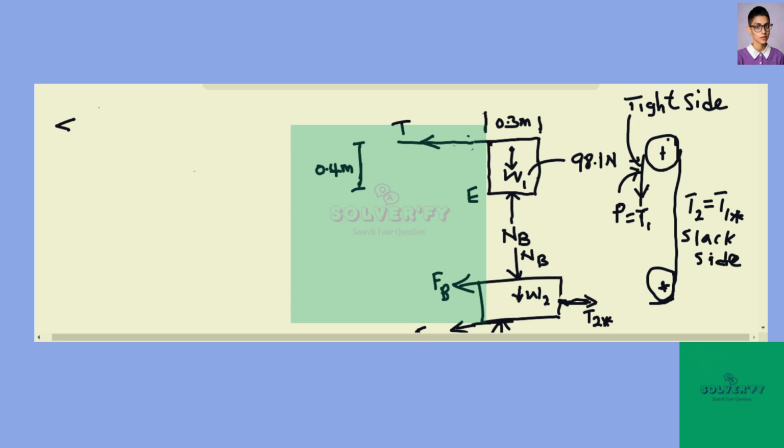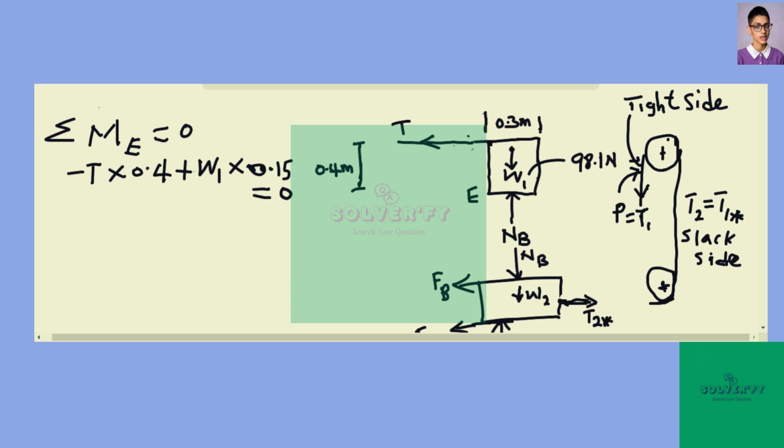If we take moments of the forces about E for the top diagram, I'm going to have minus T times 0.4 plus W1 times 0.15 equal to 0.